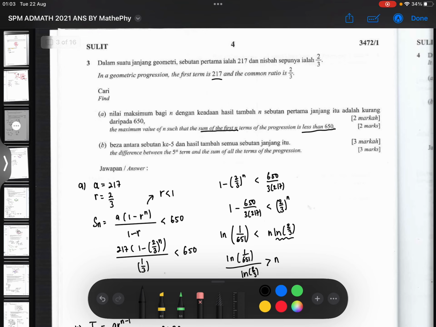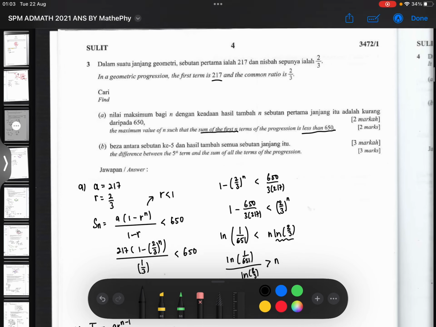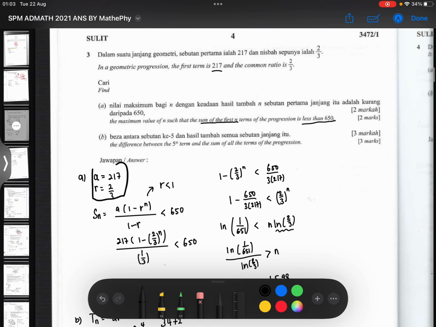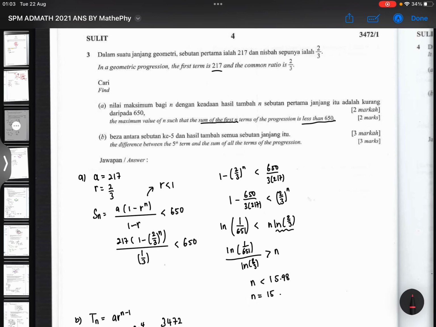Okay, so for question 3, it's not a big deal actually. It is a geometric progression. The first term is 217 and the common ratio is 2 over 3. I have listed them over here. Then just apply the formula for the sum of a geometric progression, which is this.